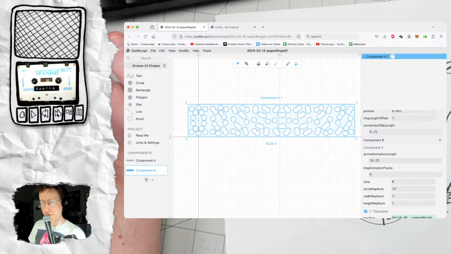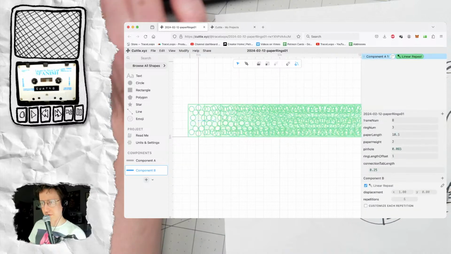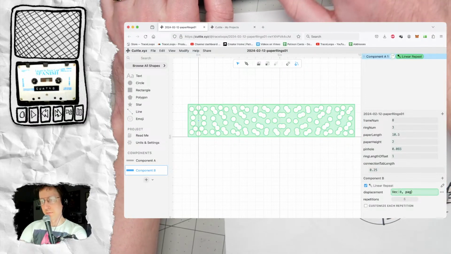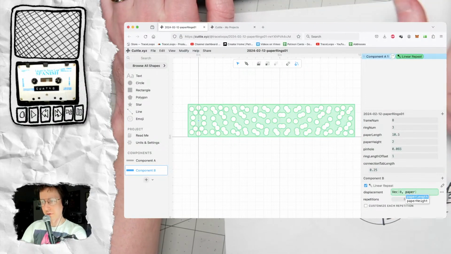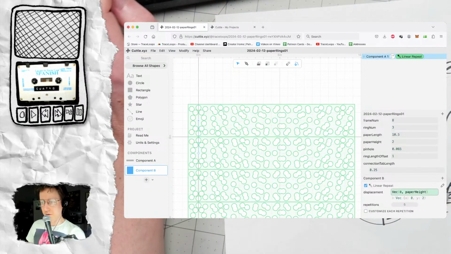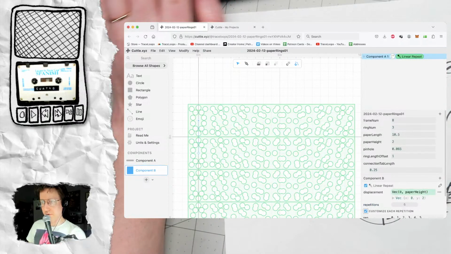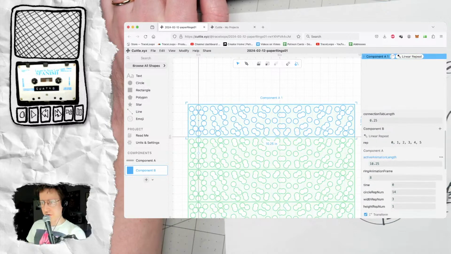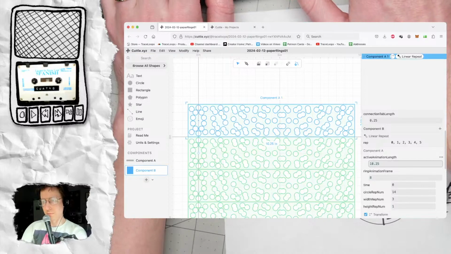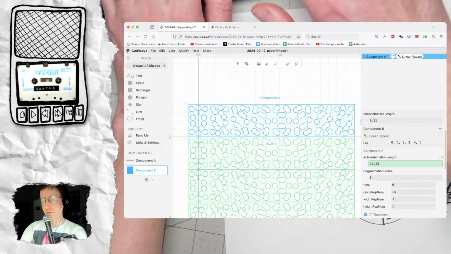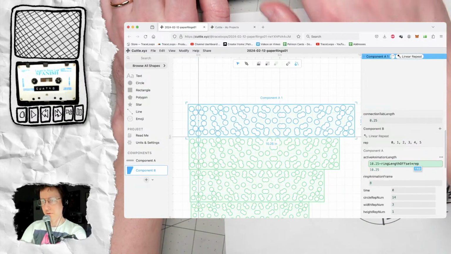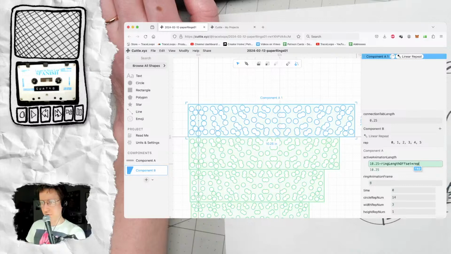Let me try modify linear repeat, 0, paper height. Customize each rep, and let's come into here and do minus, minus ring length offset times rep. Cool. Ring animation frame.